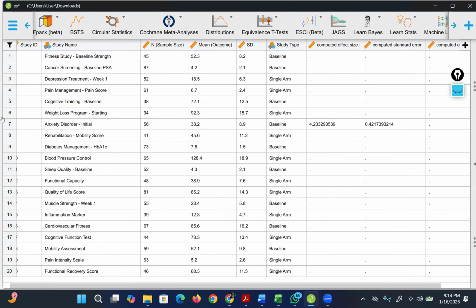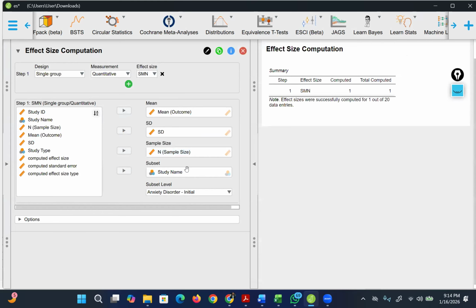Now, if I go to the analyzing again, you can see the drop down menu, right?